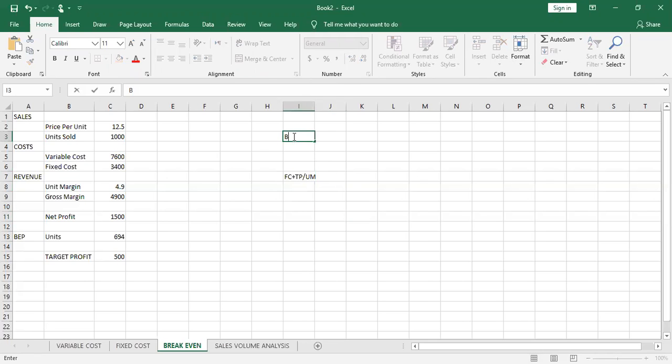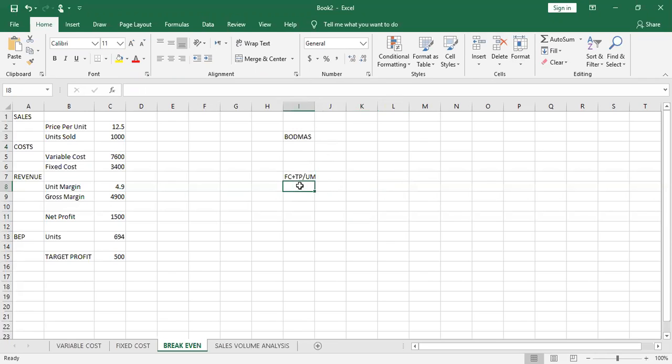So let's test BODMAS and see how the system will understand it. BODMAS means brackets, division, multiplication, addition, subtraction. It means that as we are having addition and division, the system will first work with the division before the addition. So if you put your expression like this, the system is going to divide the target profit by the unit margin before it adds to the fixed cost. And this will not be correct.